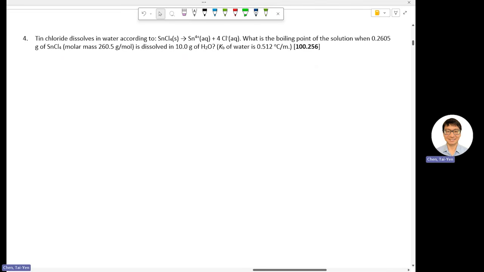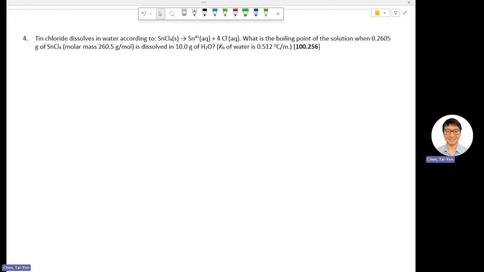Number 4, tin chloride dissolved in water according to these specific reactions. What is the boiling point of the solution when 0.2605 gram of tin chloride is dissolved in 10 gram of H2O? The Kb of water is the specific number.